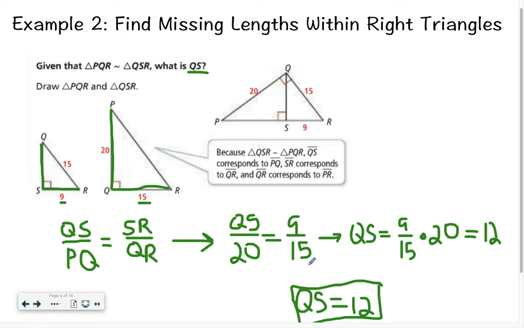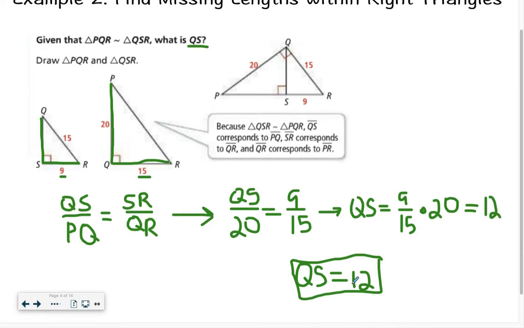So I have this set of fractions here, these proportions actually, and then once I solve, I can multiply 20 to the other side. So then I have QS equals 9/15 times 20. And if I multiply that out, I get 12. So QS equals 12.